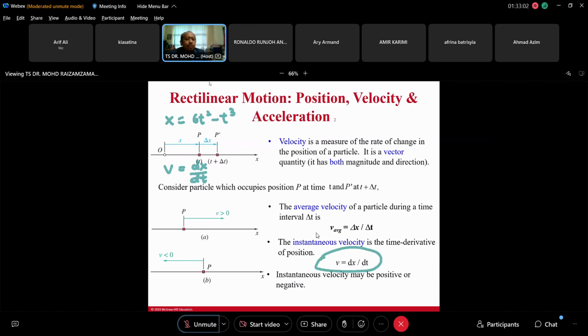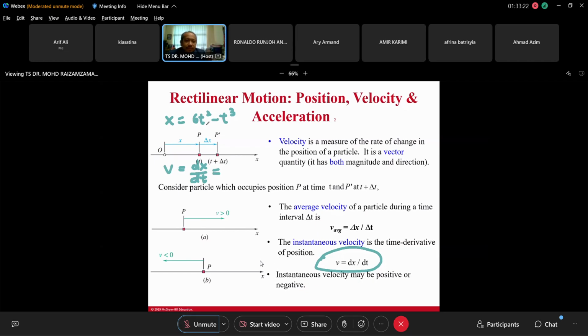So can anyone give me the answer? If x equals 6t squared minus t to the power of 3, what is the value of velocity? How to differentiate this? What is the concept of differentiation for the formula here?